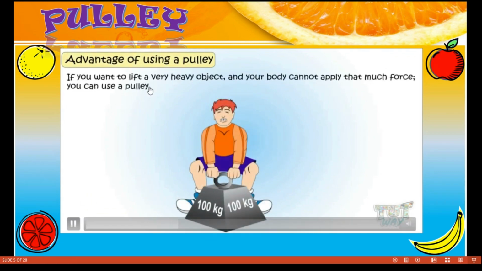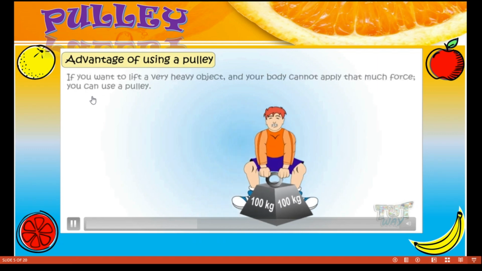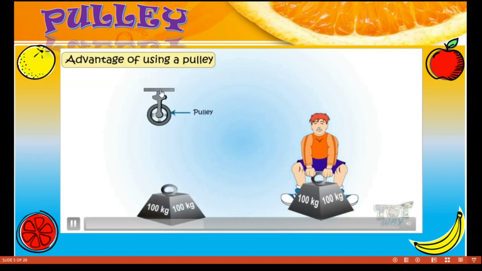If you want to lift a very heavy object and your body cannot apply that much force, in this case you can use a pulley. Look at this picture. This man is trying to lift a weight of 100 kg. This is the load, and he finds it very difficult to lift.